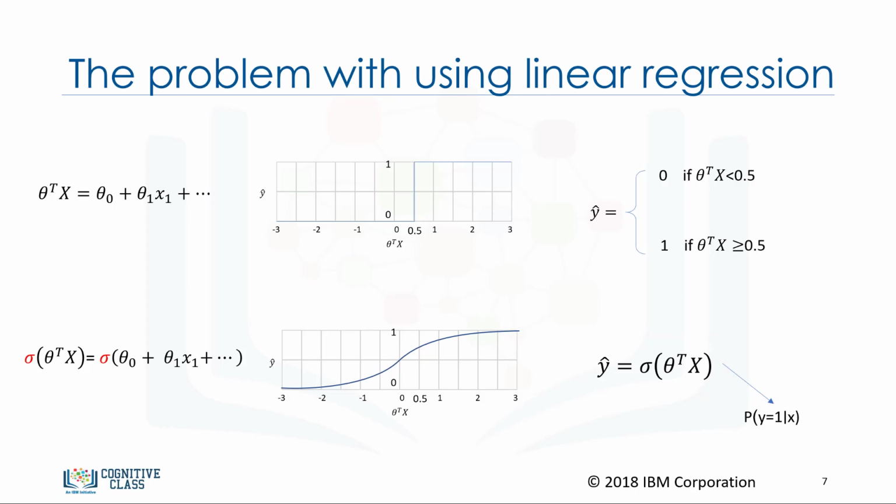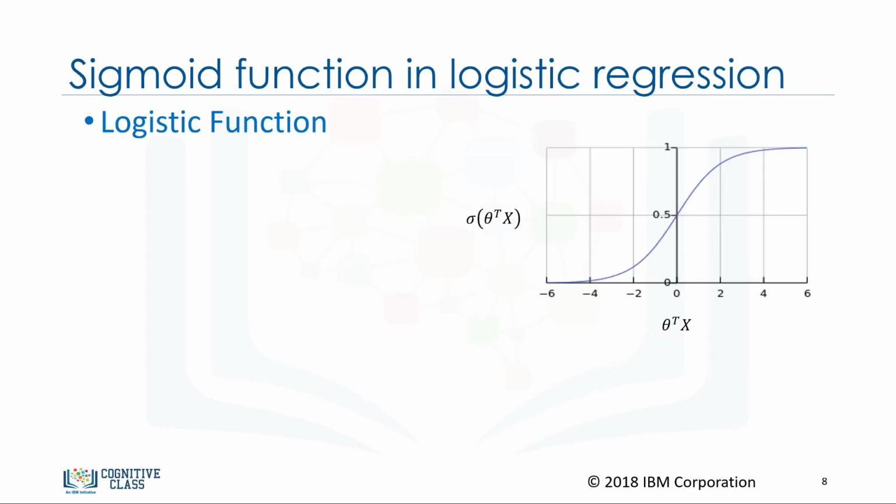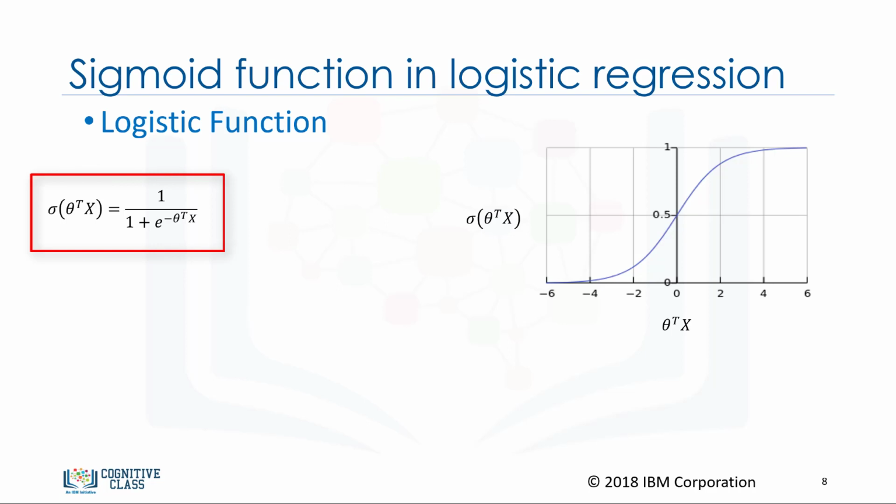Now, the question is, what is the sigmoid function? Let me explain in detail what sigmoid really is. The sigmoid function, also called the logistic function, resembles the step function and is used by the following expression in logistic regression. The sigmoid function looks a bit complicated at first, but don't worry about remembering this equation.